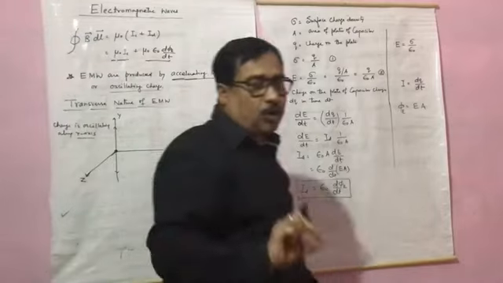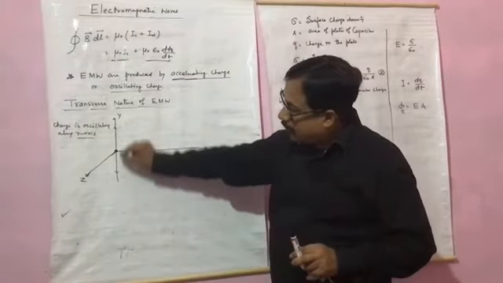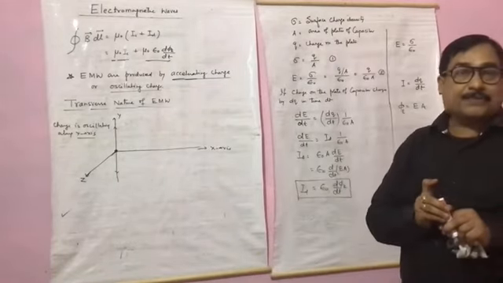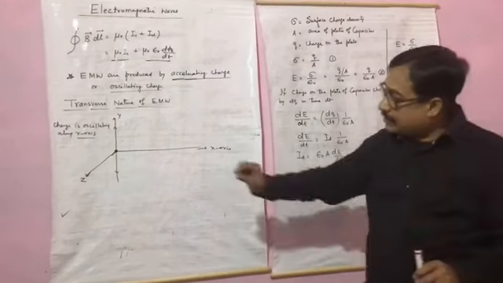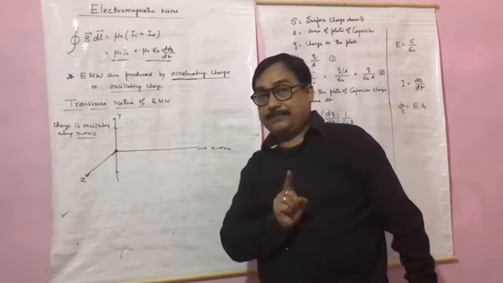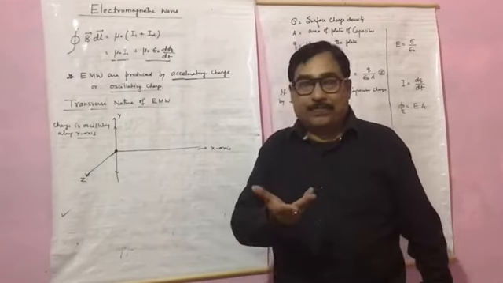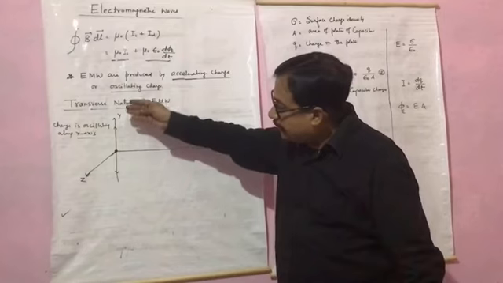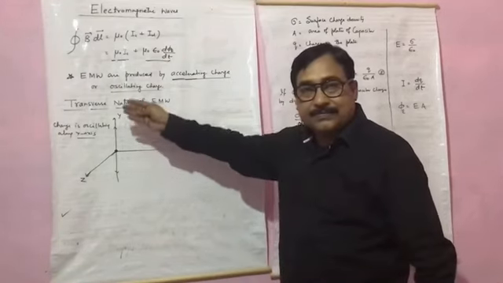Now when a charge moves, a current comes, because the rate of flow of charge is current. So this moving charge produces a current, and that current produces an electric field because of the oscillation of the charge along the y-axis.